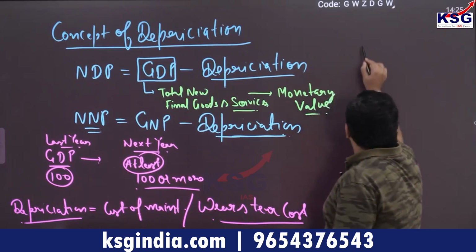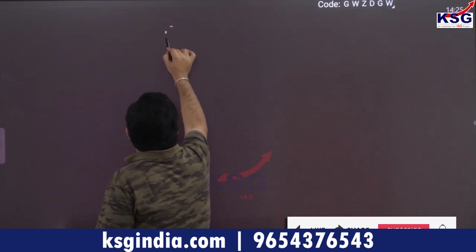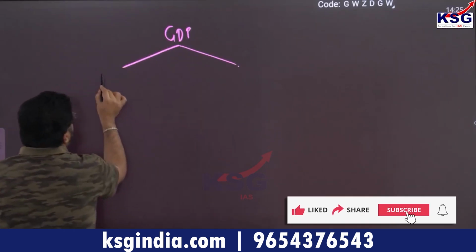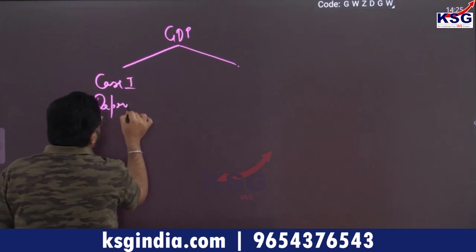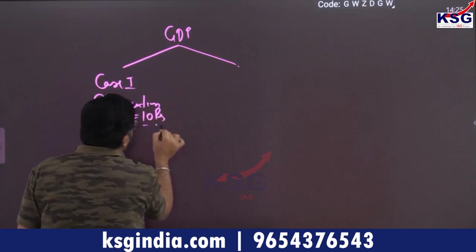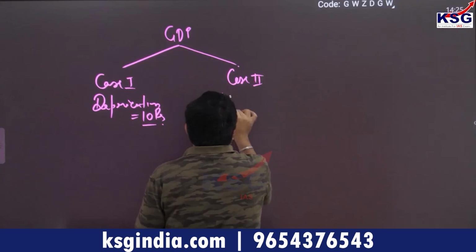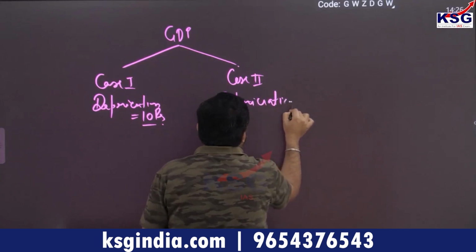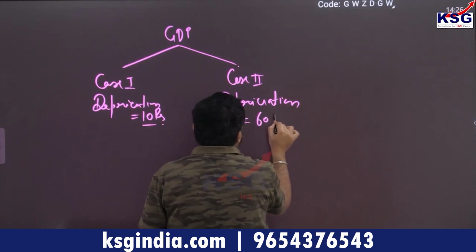You can understand it this way: in case 1, you spend a depreciation amount of, for example, 10 rupees. In case 2, you spend a depreciation amount of, for example, 60 rupees.